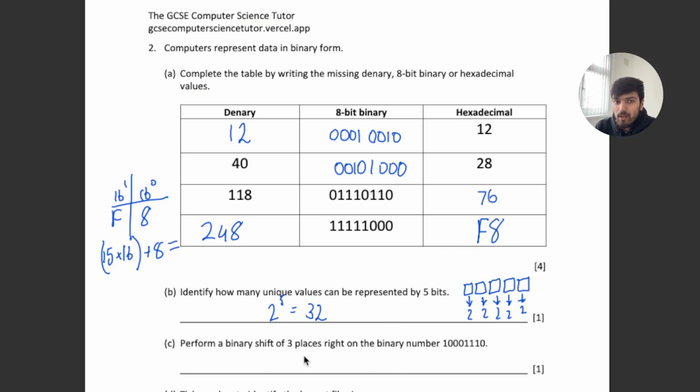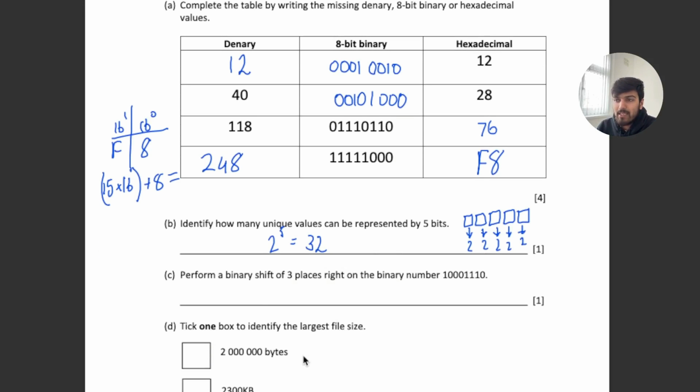Now part C, perform a binary shift of 3 places to the right. So the way that we can do this is basically the last 3 digits of this number get chopped off, and therefore we're left with 1, 0, 0, 0, 1. And the 3 that we chopped off, we have to compensate at the front.